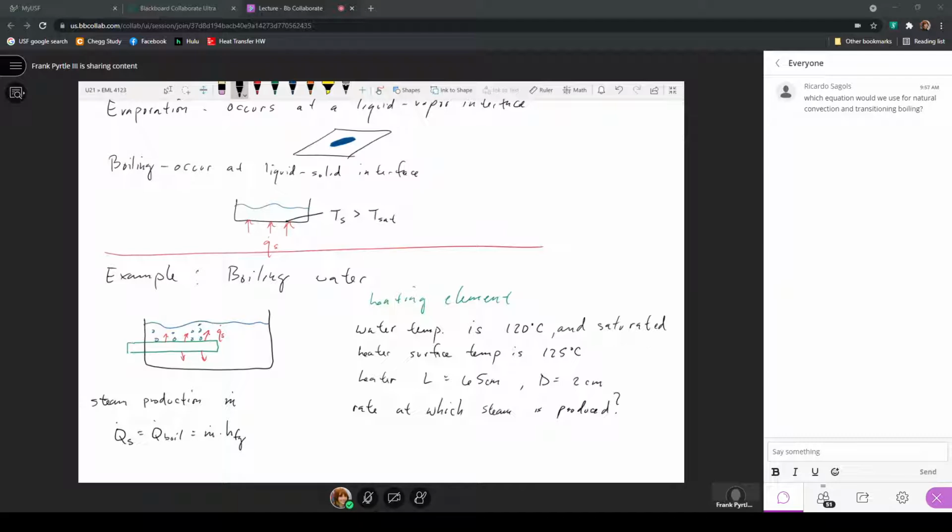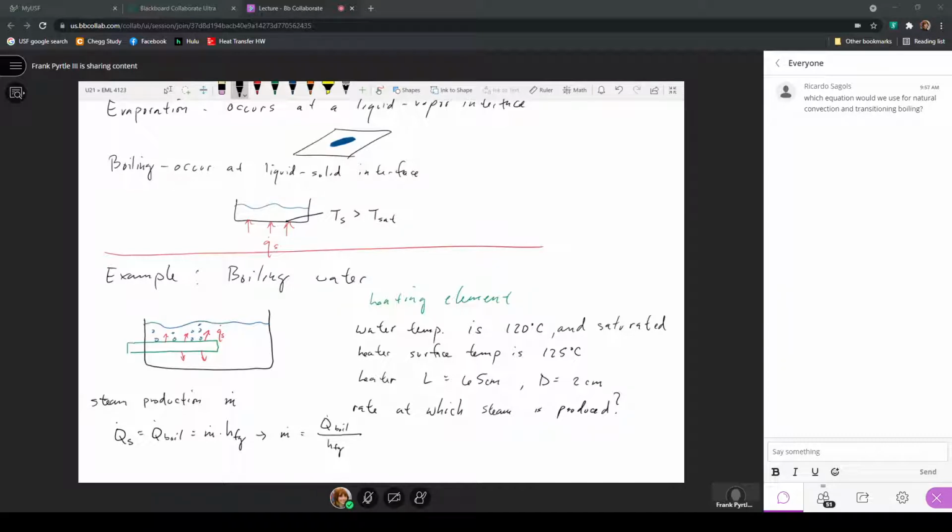Because that heat leaving the surface and going into producing these bubbles would tell us what this mass flow rate is. So if I rearrange this expression, the steam production rate would just be equal to the rate at which heat is being used to boil the water divided by the latent heat of vaporization of the water.